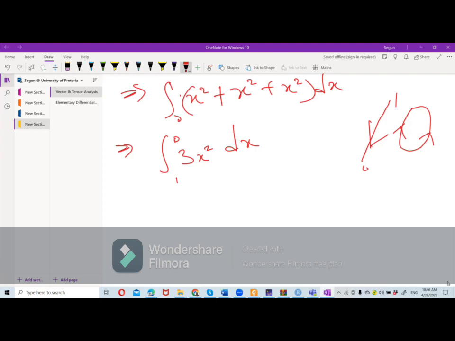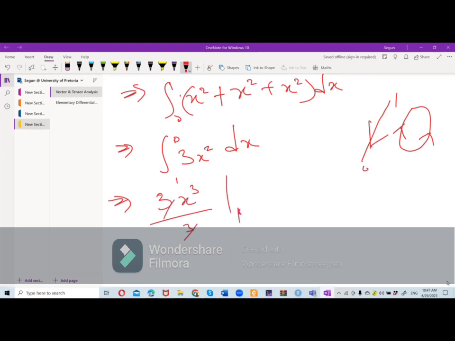Now, if I integrate this, what do I get? I'm going to have 3x raised to the power 3 over 3. You know 3 cancels 3.